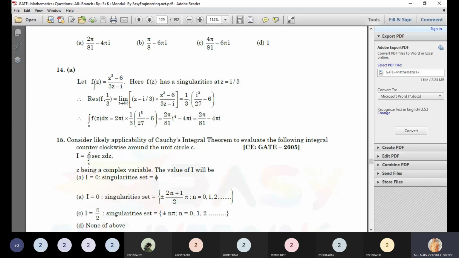We substitute the value z equal to i by 3, so we get 1 by 3 into (i cube by 27 minus 6).